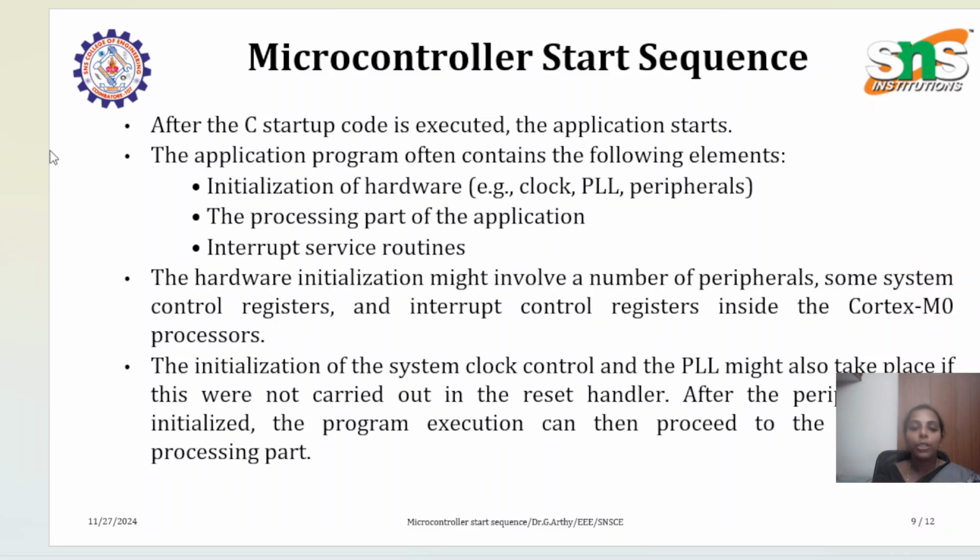The hardware initialization might involve a number of peripherals, some system control registers and interrupt control registers inside the Cortex M0 processor. The initialization of the system clock control and the PLL might also take place if this were not carried out in the reset handler. After the peripherals are initialized, the program execution can then proceed to the application processing part.